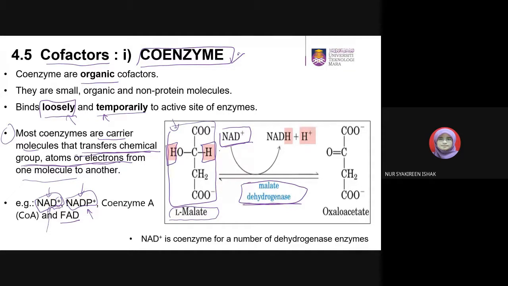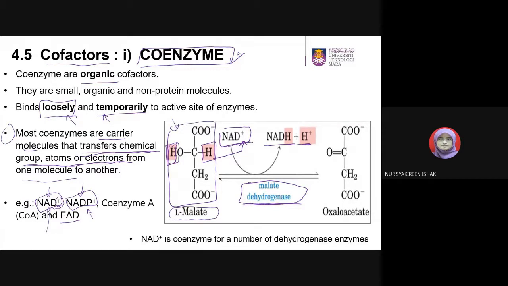So the hydrogen atom now becomes a hydrogen ion. One of the hydrogen ions will be added to the NAD+ to become NADH, and the other hydrogen ion will be released into the surrounding environment.